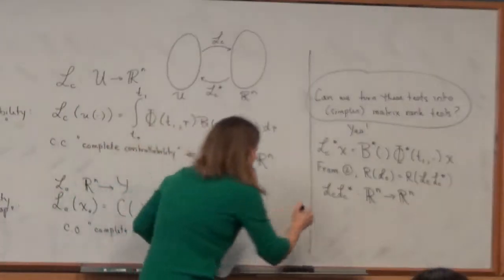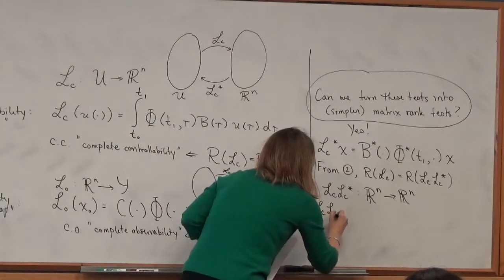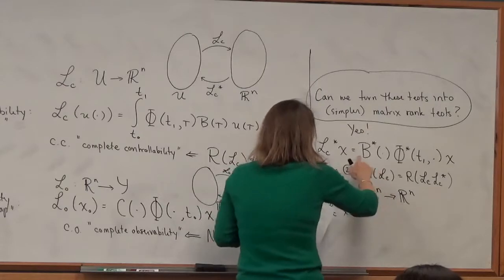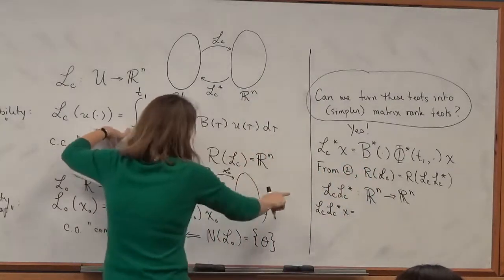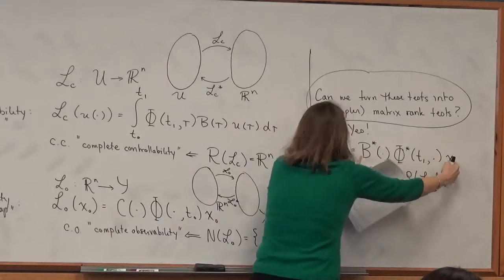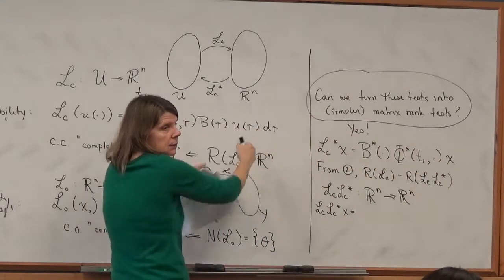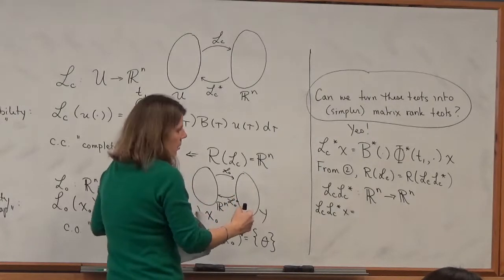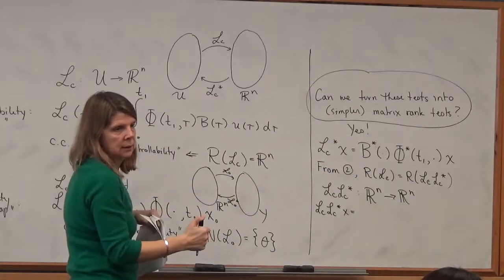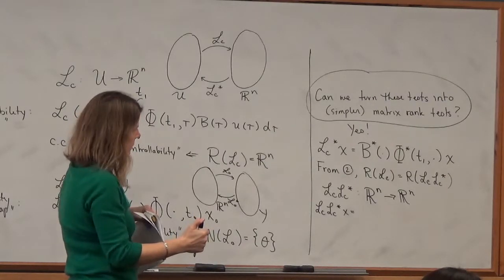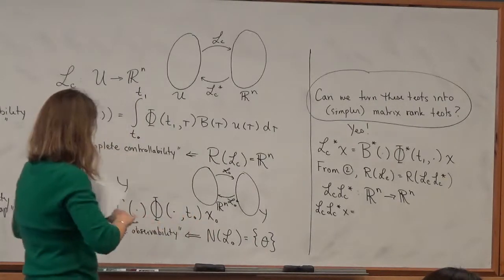All right, so LC LC star of x is equal to, so I'm going to start with LC, but I'm going to take that function and plug it in where I see U here. Can you do the color coding thing? What's the color coding thing? It's where you're doing a bunch of layered substitutions on top of each other, and it's easy to follow what's happening.